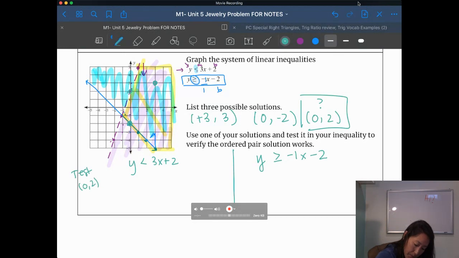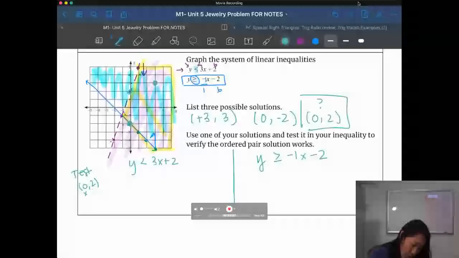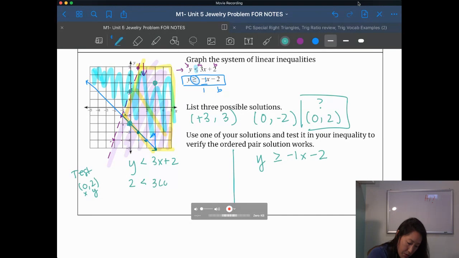So this is algebraically how we would test to see if we have a solution. Okay, so x is 0 and y is 2. So I'm going to plug in 2 is less than or equal to 3 times 0 plus 2. 3 times 0 is 0, plus 2 would give me 2. That 2 is not less than 2, it's equal to. So that one doesn't work.